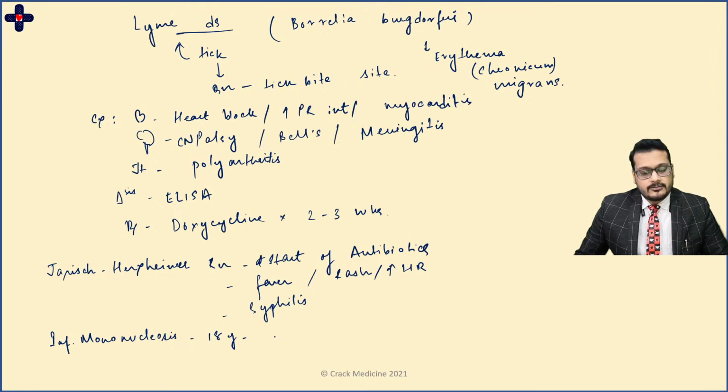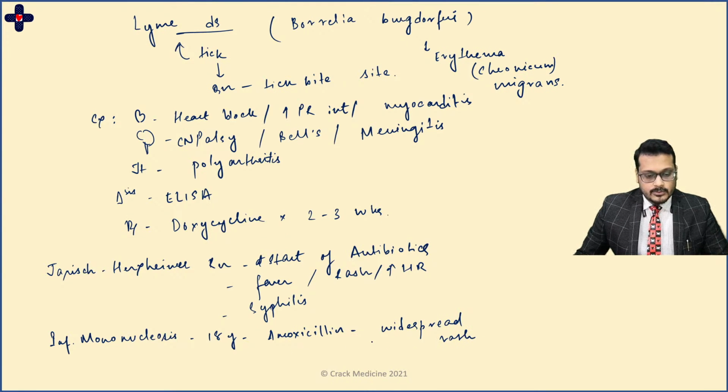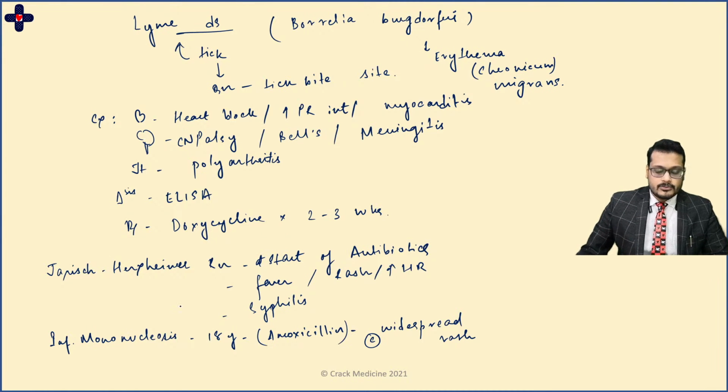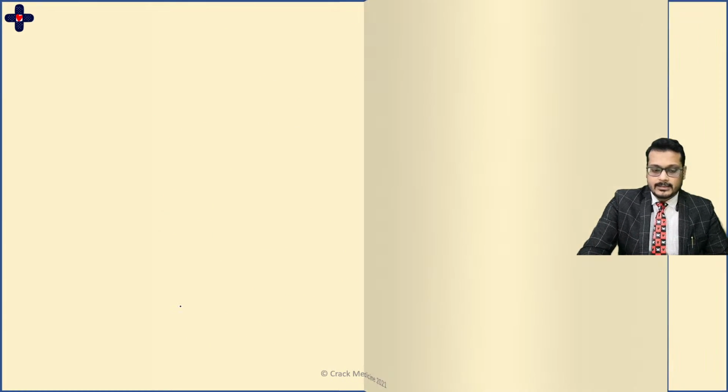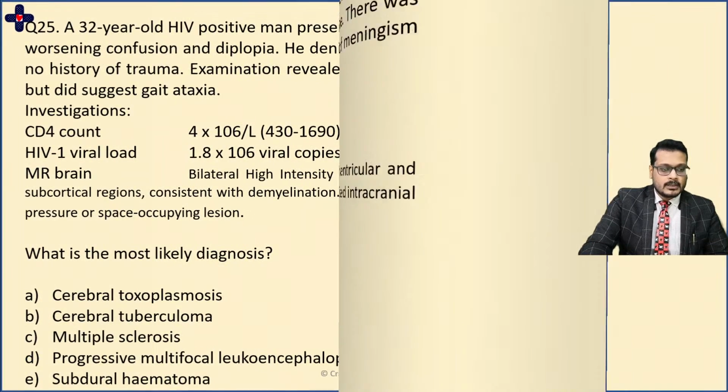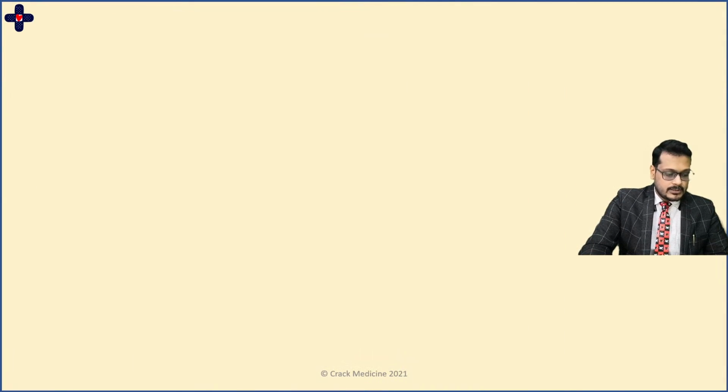So when the first antibiotic dose is given, when you give amoxicillin particularly, they will have a widespread rash. So this is very characteristic of infectious mononucleosis. So this happens only with amoxicillin, so you don't have to prescribe amoxicillin in that case. Okay, moving on to the next one.